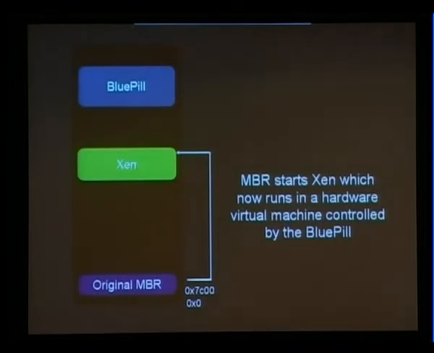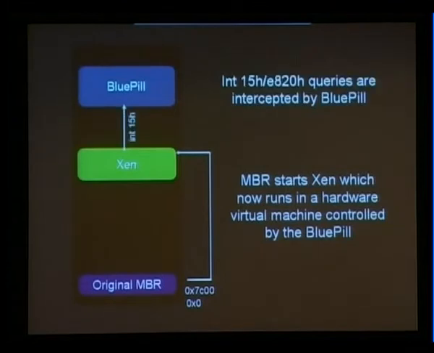So when Xen starts, it has to query the memory layout map. And since Bluepill does not virtualize any memory, it has to intercept this query of the memory map. This memory map is obtained by calling interrupt 15 in BIOS. And it has to modify the map so that not Xen, not any other operating system loader will overwrite the contents of this Bluepill memory.